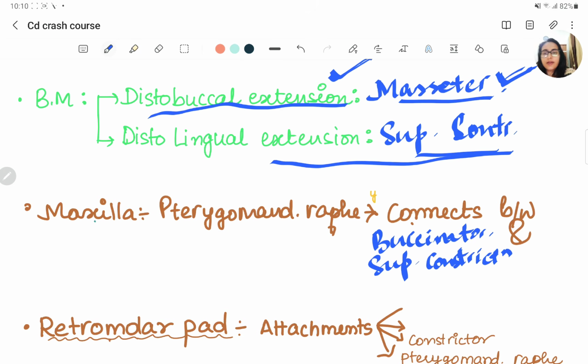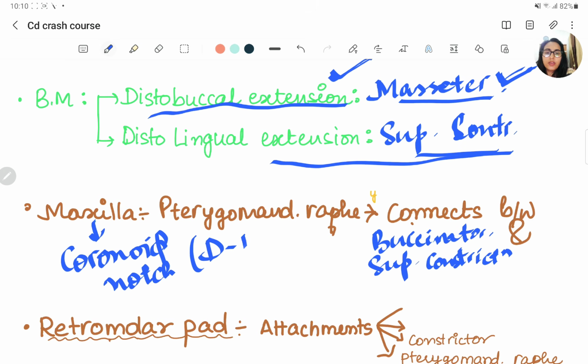Then talking about the maxilla, we see the pterygomandibular raphe that connects the buccinator and the superior constrictor. So in the maxilla, we record the coronoid notch. That is again in the distobuccal flange area, and we ask the patient to rotate the jaw right and left, right? And that is how we record this coronoid notch in the maxilla.